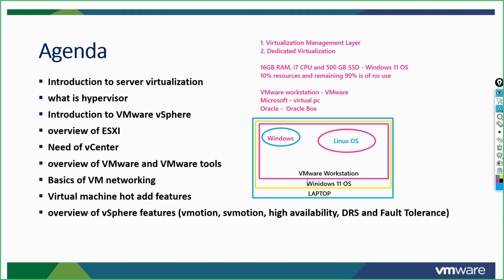You will restart. So now just consider that if you restart your laptop, all your virtual machines which are running in the VMware Workstation will go down. It will go down because your VMware Workstation is dependent on your operating system, which is nothing but Windows 11 in our case. So if you restart your laptop, all your VMs inside the workstation will go down.